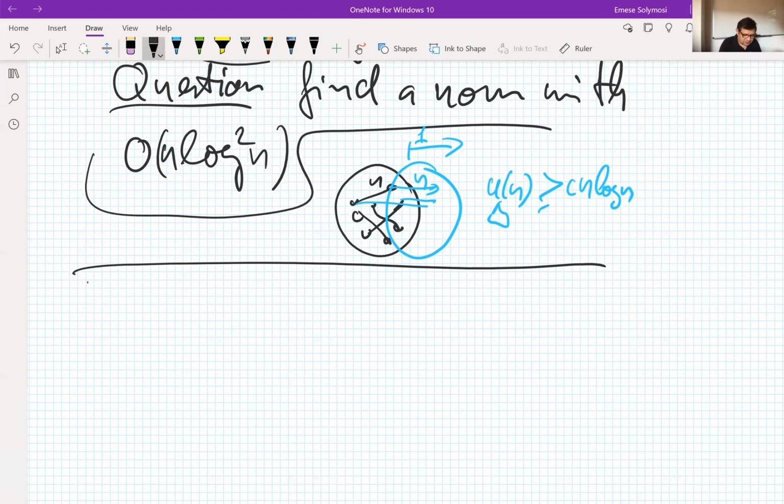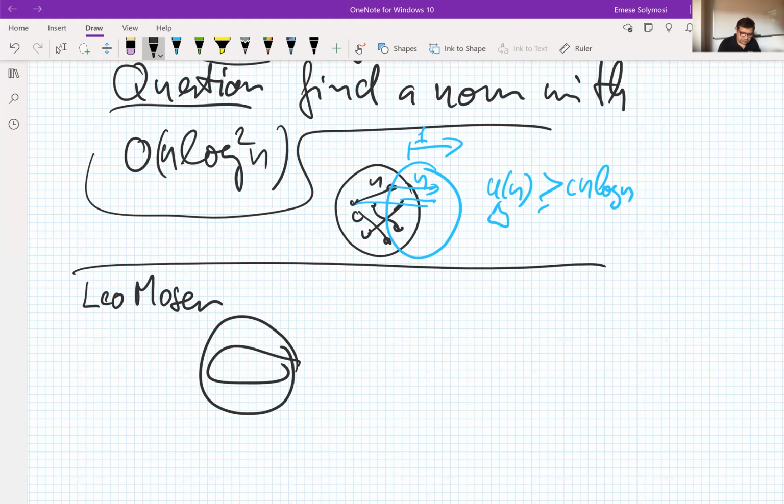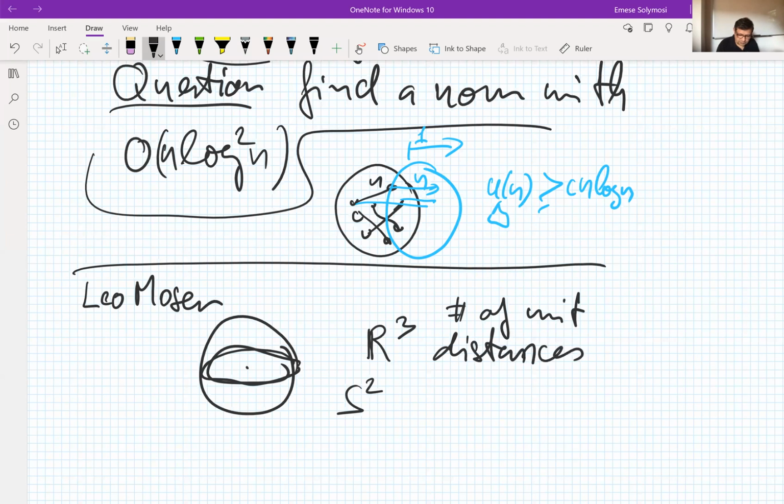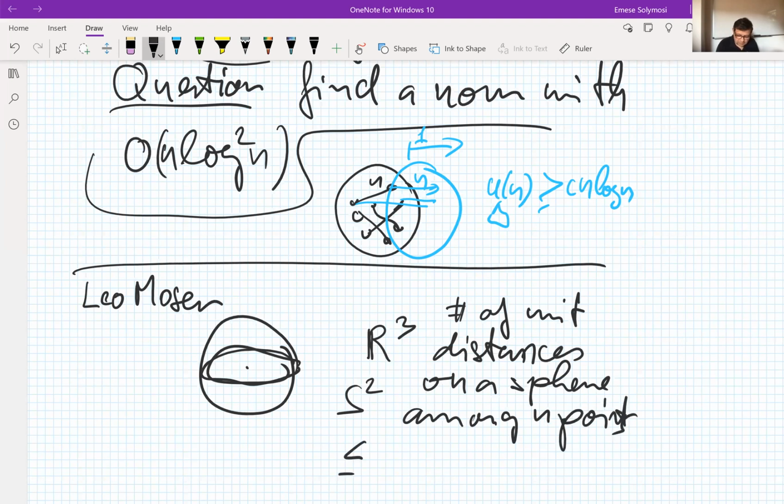This was actually a very old conjecture of Leo Moser, that he thought that if we have a sphere in 3-space, so we are in R3 now, then the number of unit distances on a sphere among n points is always smaller or equal than some constant c times n.